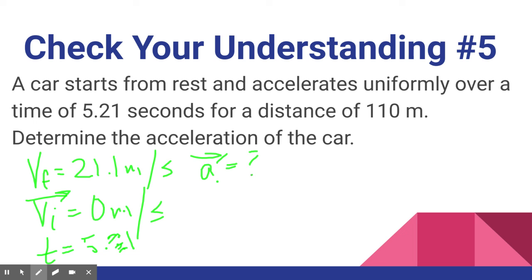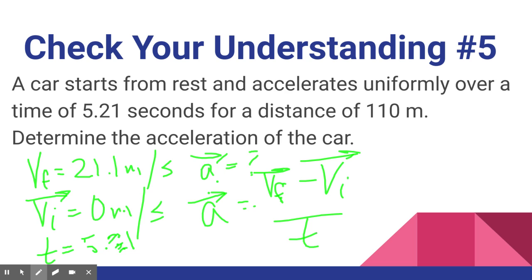So now that we've got final velocity, we've got to find the acceleration, which is just final velocity minus initial velocity, divided by time. Which is then going to turn into just 21.1 divided by 5.21.